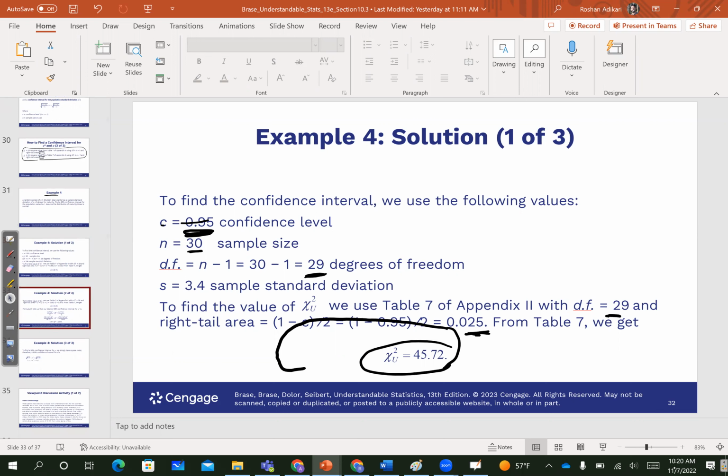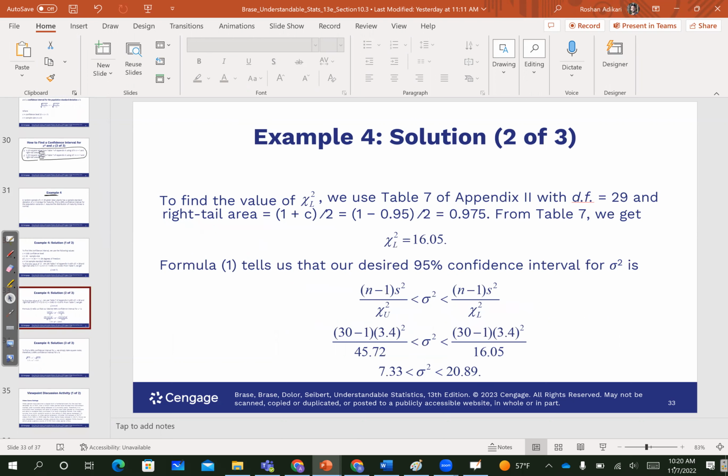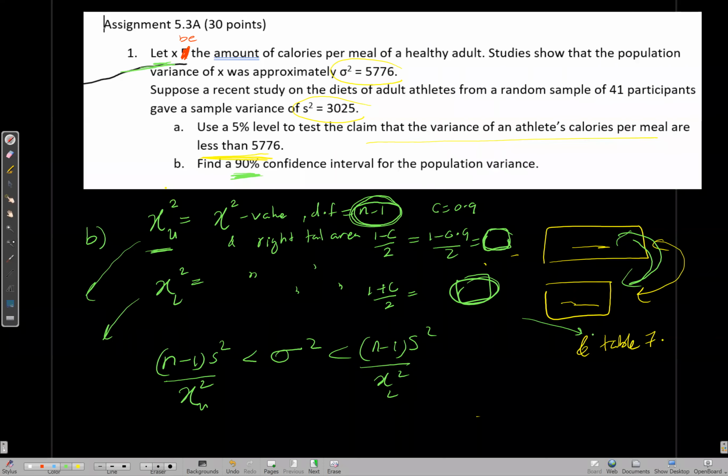And for the other one, you get this one. See this part I wrote. Those two values, you write over here and you find your interval. That is pretty much part B. So if you read those two examples, that's going to be pretty easy.